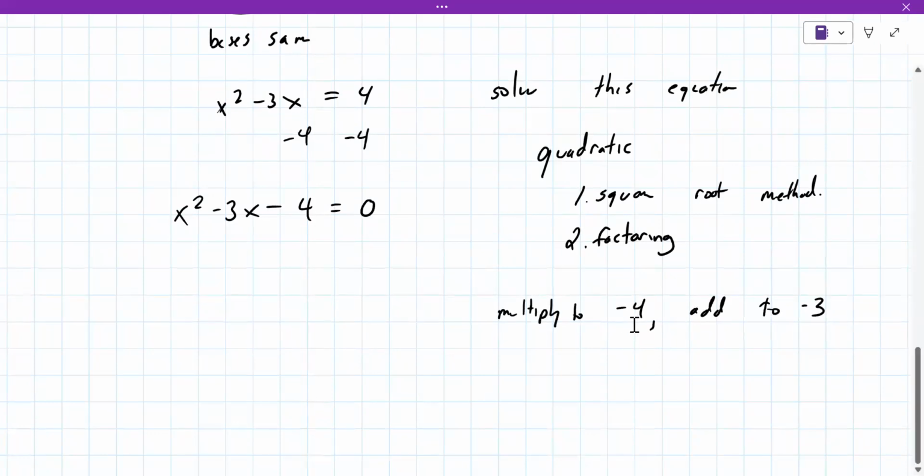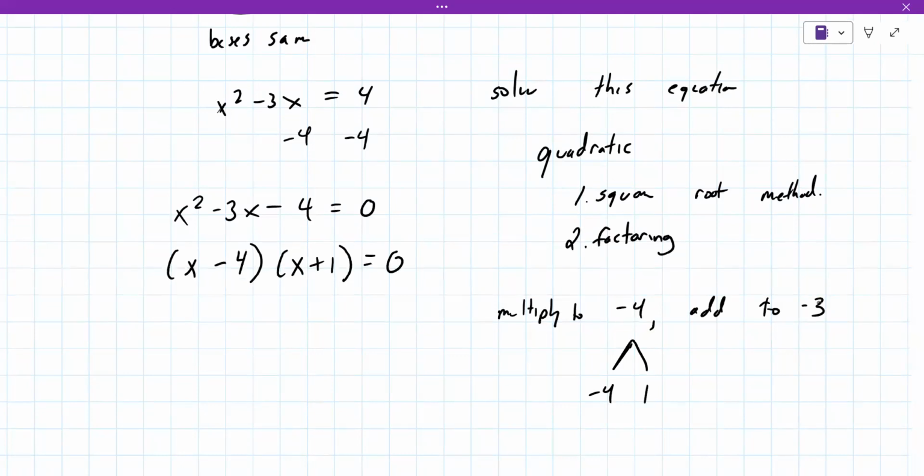Could you tell me some numbers that multiply to -4? -4 and 1. Does that add to -3? Yeah, it does. So we can factor by writing x minus 4, x plus 1 equals 0. And we can set each of those equal to 0.